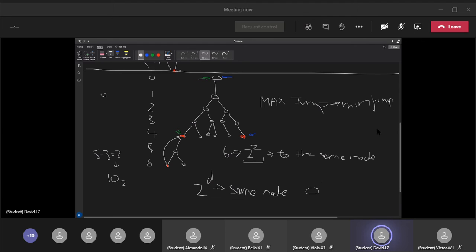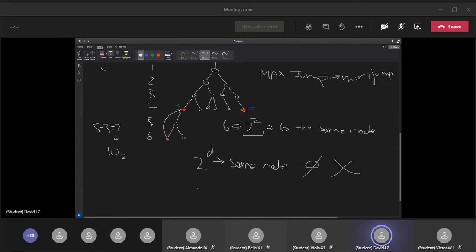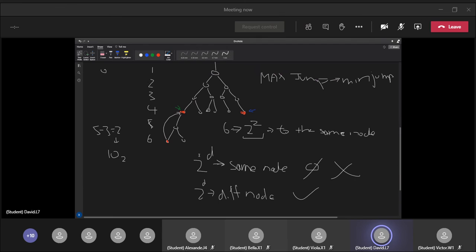We're just going to completely ignore it, right? This is a bad jump. We're not going to make it. So what does that mean? That means that if the 2 to the dth jump is a different node, we will make the jump, right? So that might be kind of confusing.